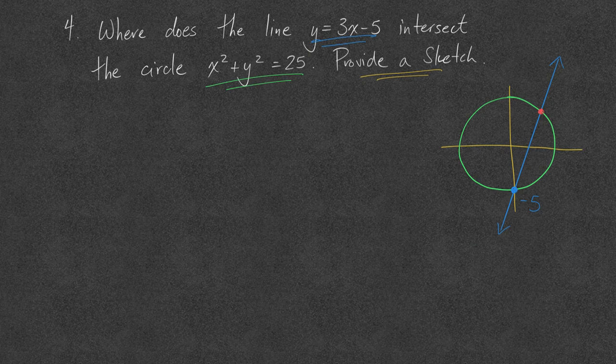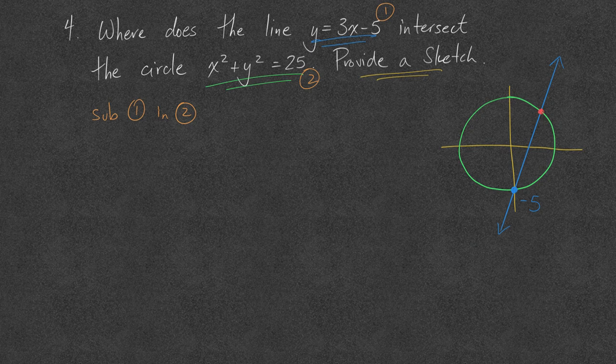So to solve the system, maybe what I'm going to do is call equation 1 my line, and I'll call equation 2 my circle. So what I could do then is sub equation 1 into equation 2.